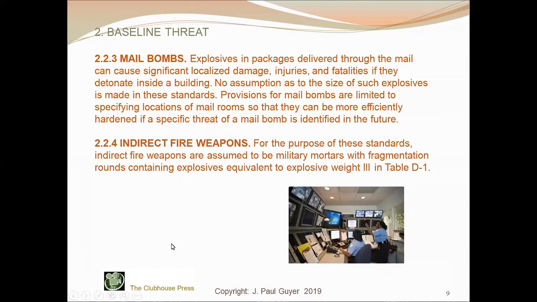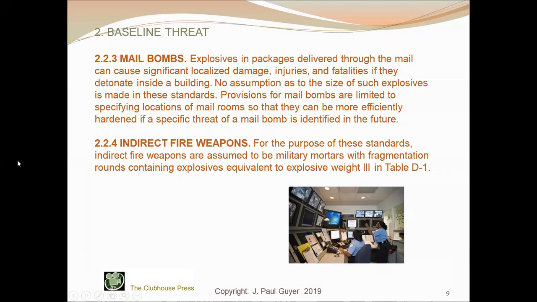And indirect fire weapons, these are assumed to be things like military mortars with fragmentation rounds containing explosives equivalent to explosive weight 3, which you will see in table D1. And these tables are at the end of the discussion here.